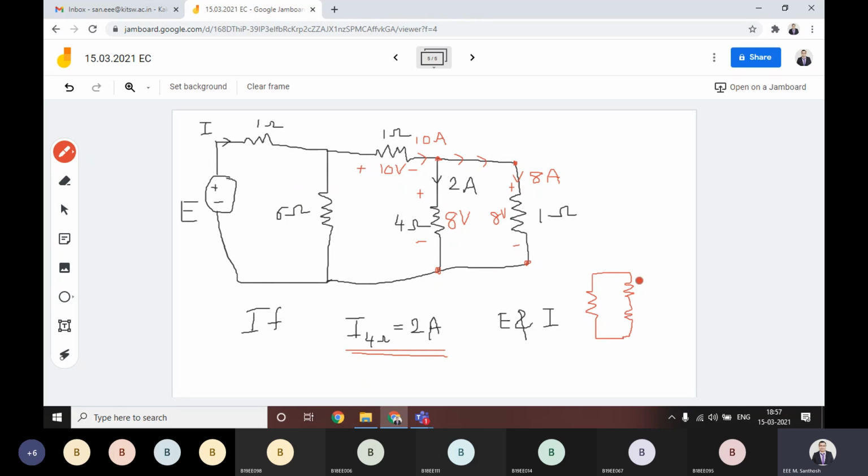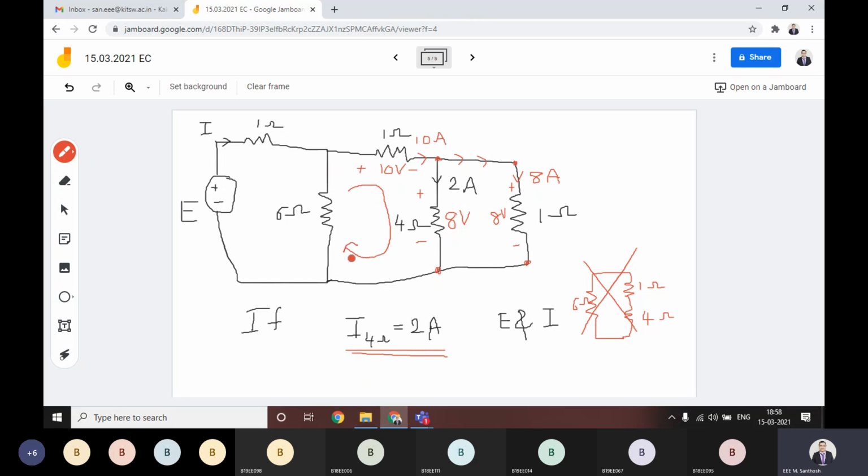This one is 1 ohm, that is 1 ohm, and this one is 4 ohm, and this side is equal to 6 ohm. You can take it this way but sometimes it will give you wrong results. In that case you have to apply KVL here.